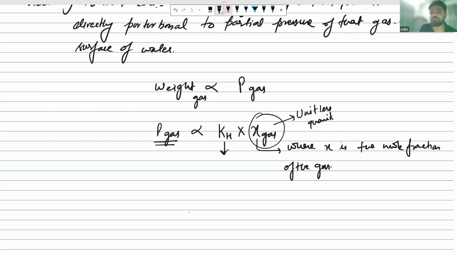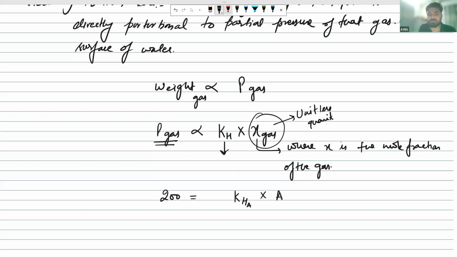So if I say this is the product, and I'm applying 200 atmospheric pressure on a gas, just try to concentrate here, it is important. Kh for gas A is this one, it is given.